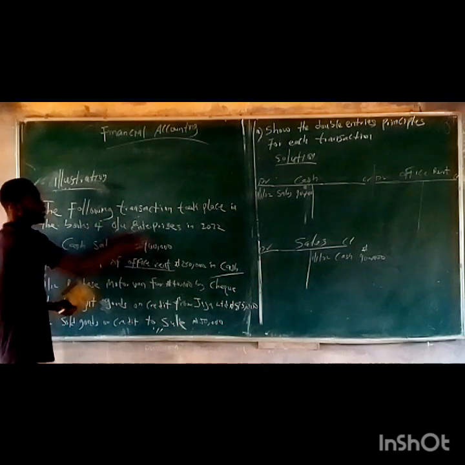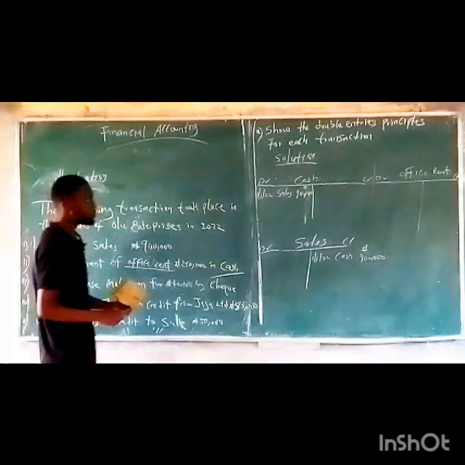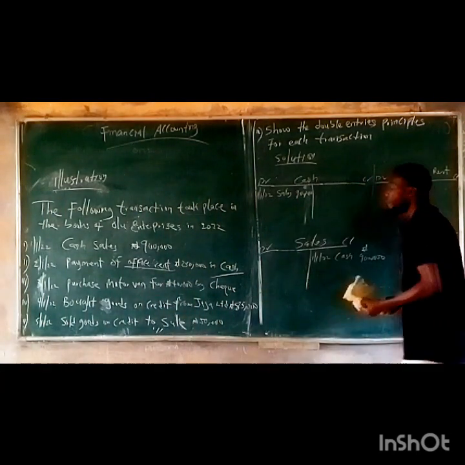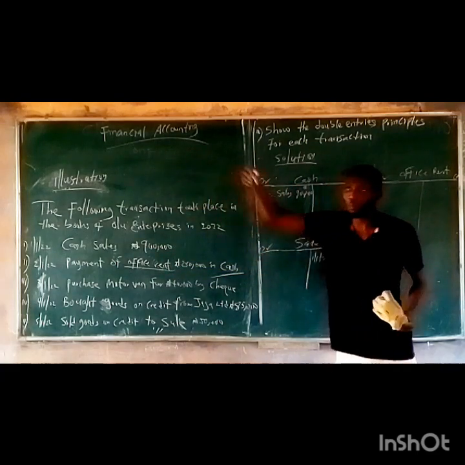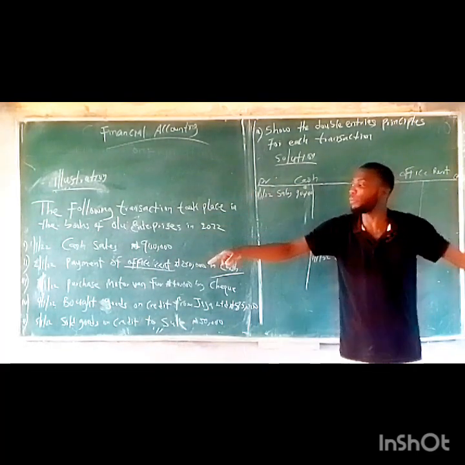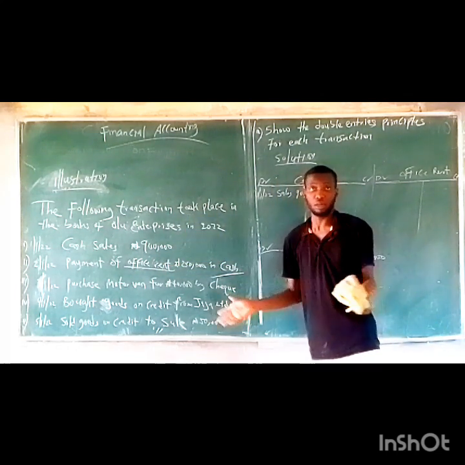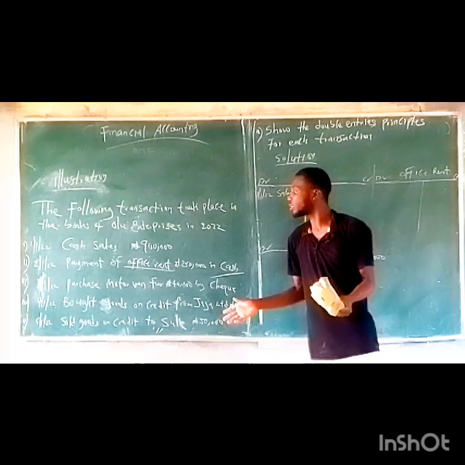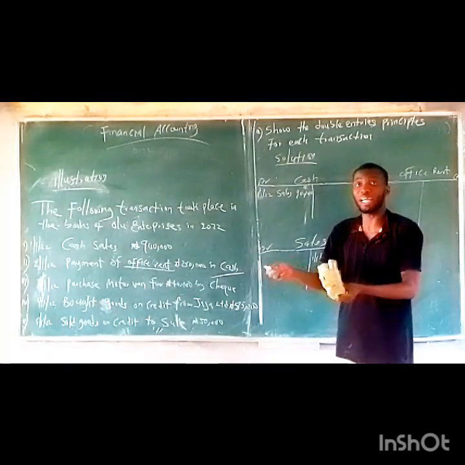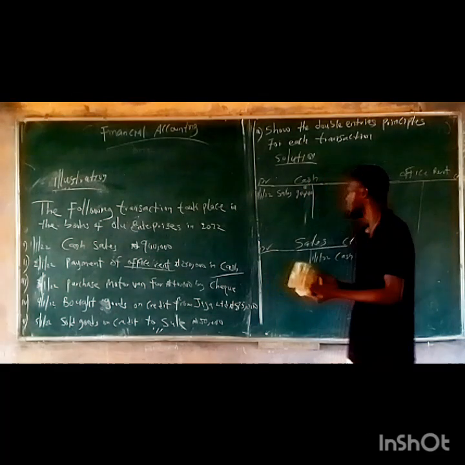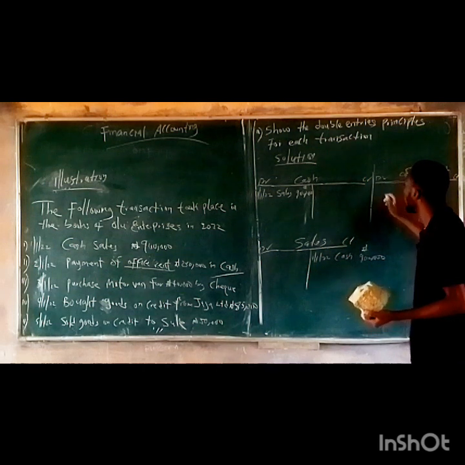But if the other company, the owner of the office, wants to prepare their account, they are going to do it in a vice versa way. Alright, we'll discuss more of that later. So now the office rent should be at the debit side.